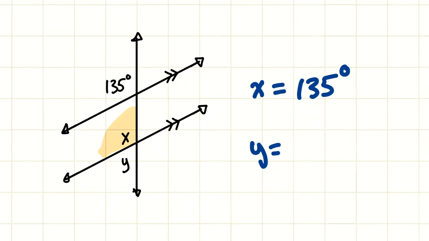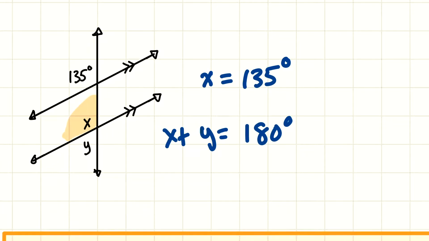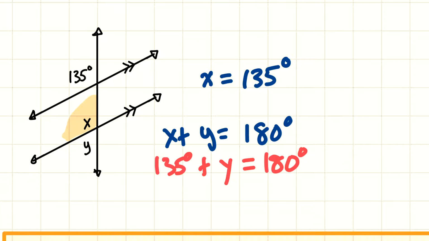Well, what we do know is x plus y is equal to 180 degrees, which means we could say 135 degrees plus y is equal to 180. So if we solve this, y should equal 180 minus 135. So this should be 45 degrees.